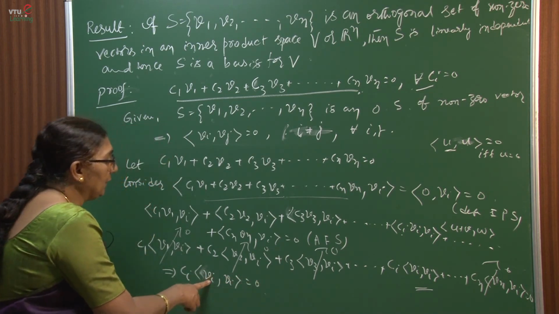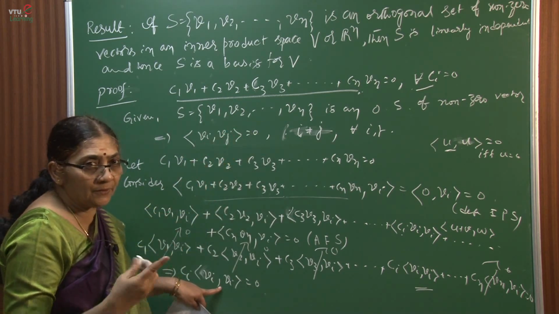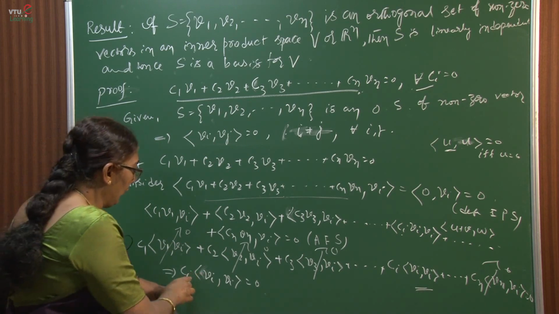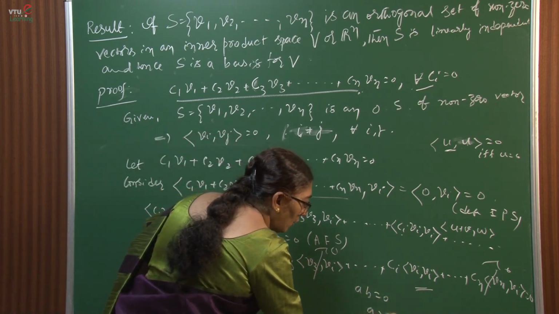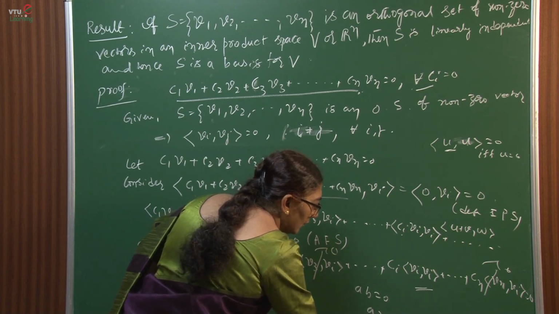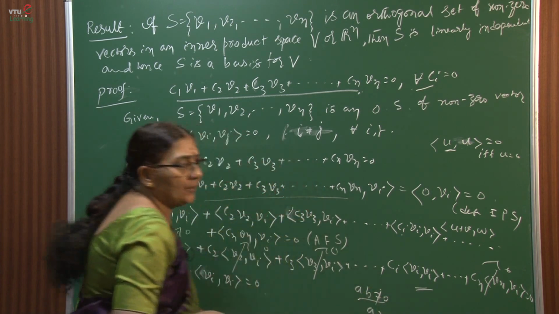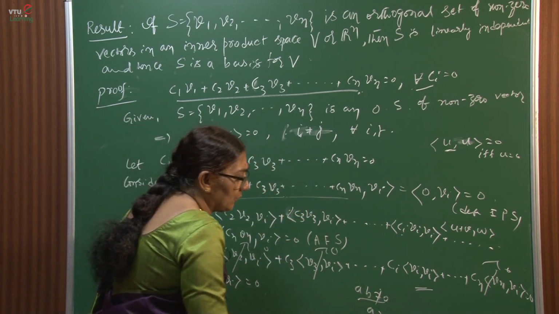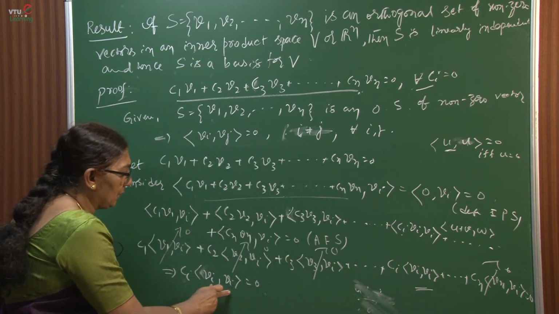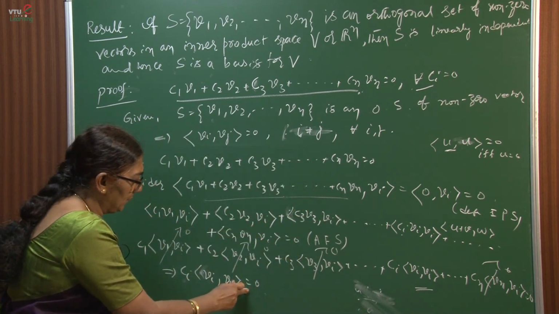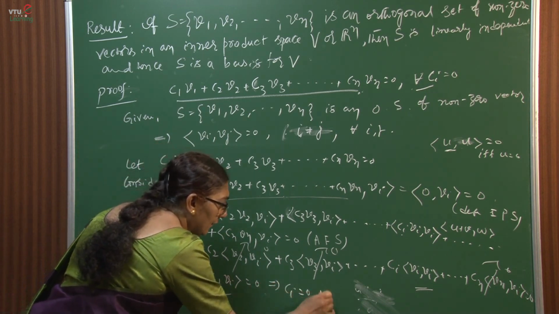But we know the inner product of Vi with Vi is not equal to 0 since the vectors are non-zero. See, A times B is 0 means at least A is 0 or B is 0. If B is not 0, then from the basic concept, Ci must be 0. So Ci is 0 for every i.